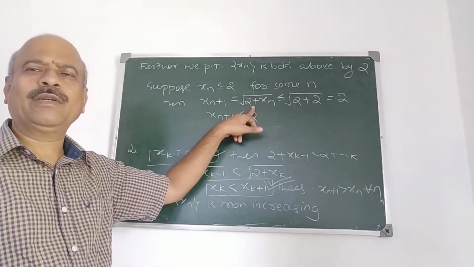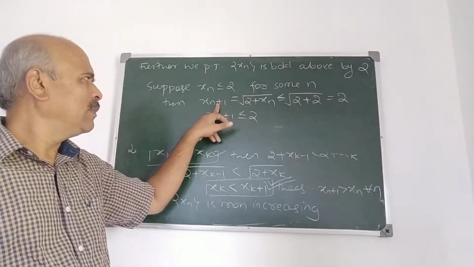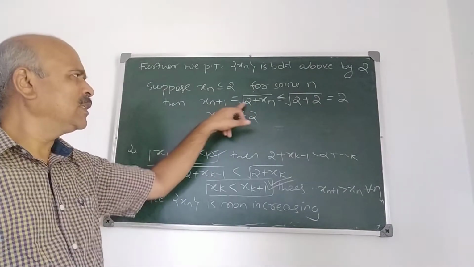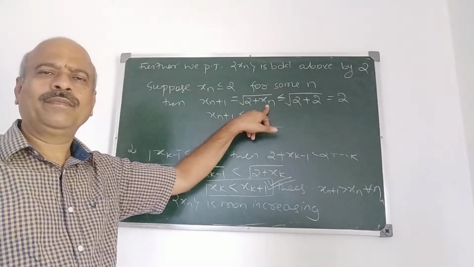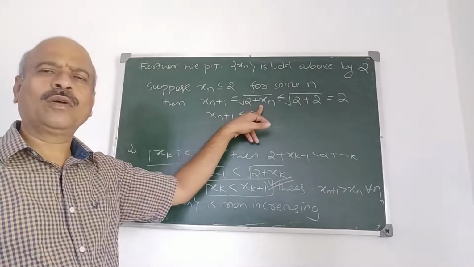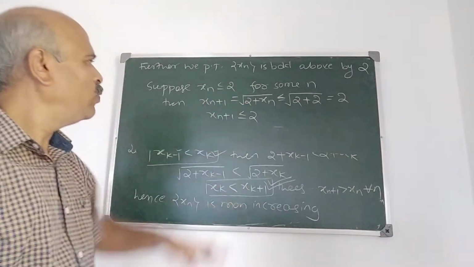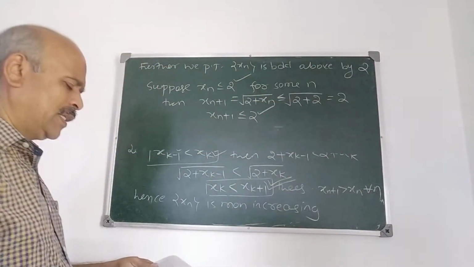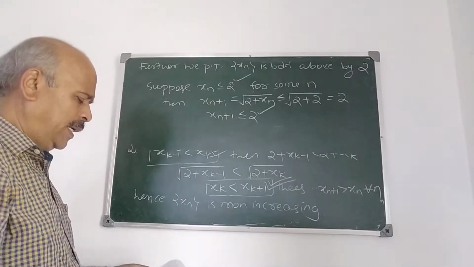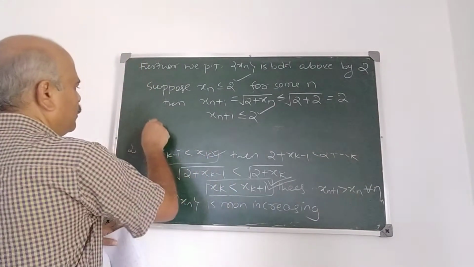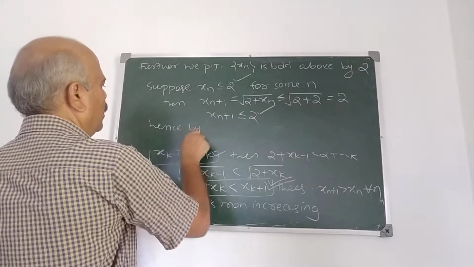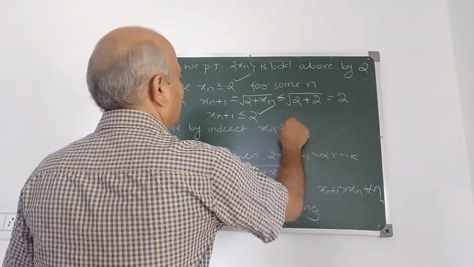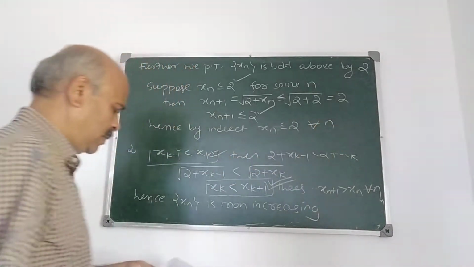Go to the definition of how xn is defined. xn+1 is square root of 2 plus xn, because xn is square root of 2 plus xn-1. So if xn is less than or equal to 2, xn+1 is also less than or equal to 2. Hence, by mathematical induction, xn is less than or equal to 2 for all n.